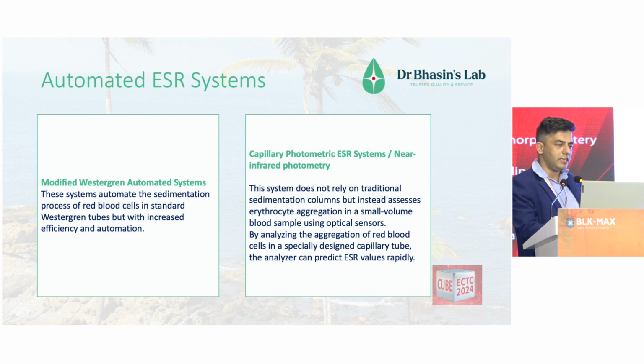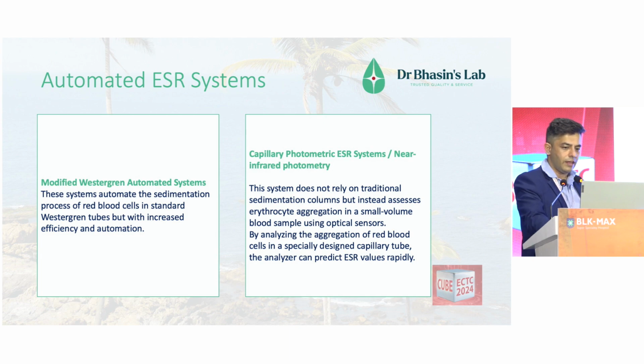So they let the agglutination phase get completed, take a reading in the early sedimentation phase and calculate the net ESR value. However, now we are looking at capillary photometric ESR systems or near infrared photometry technology which the Mindray BC700 series is using. So it is not relying on traditional sedimentation, but it assesses the erythrocyte aggregation in a small volume blood sample using optical sensors.